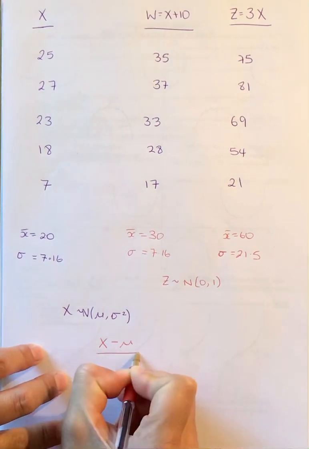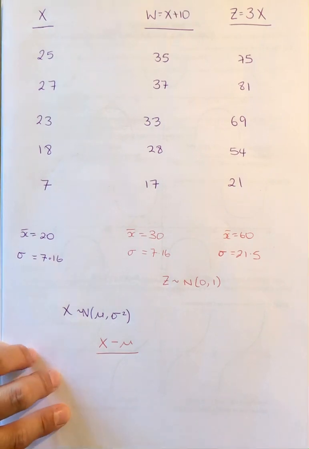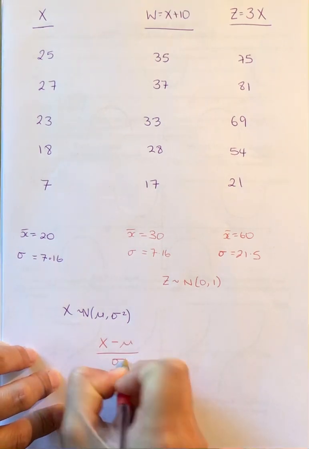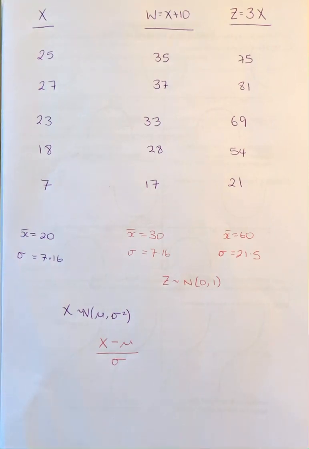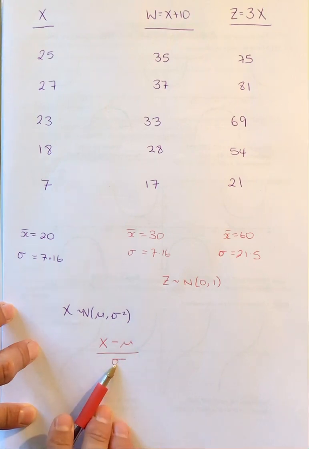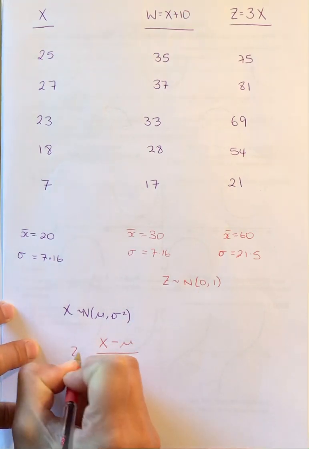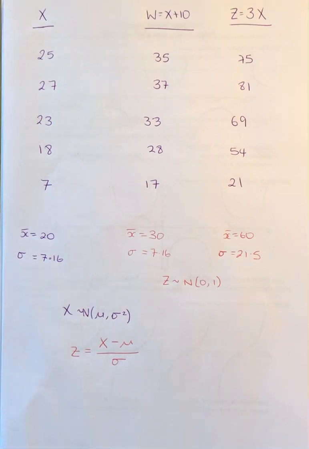If I divide that by anything, that's not going to change my mean because 0 divided by anything is still 0, but it will change my standard deviation. So if I divide this by sigma, my standard deviation will go from sigma to sigma divided by sigma, which is 1. So if I code my data by taking away the mean and dividing by the standard deviation, my mean becomes 0 and my standard deviation becomes 1, so I will now have a standard normal variable.